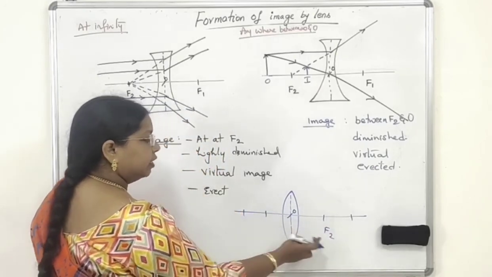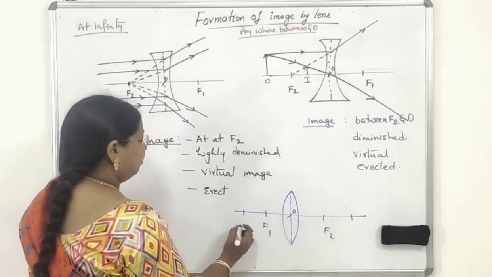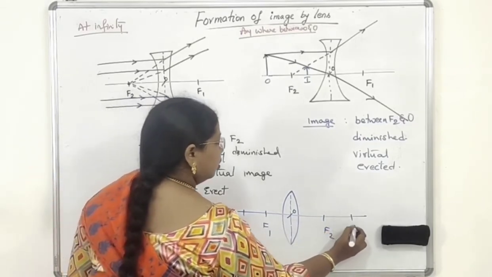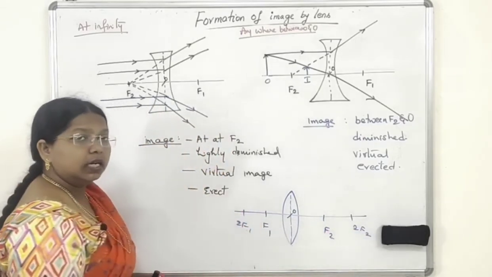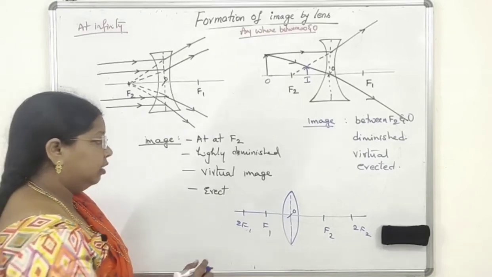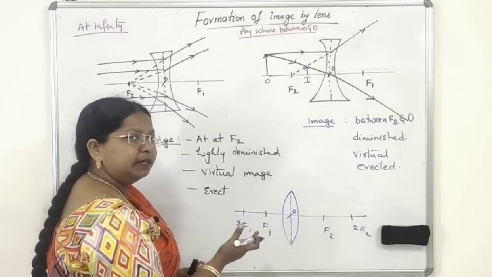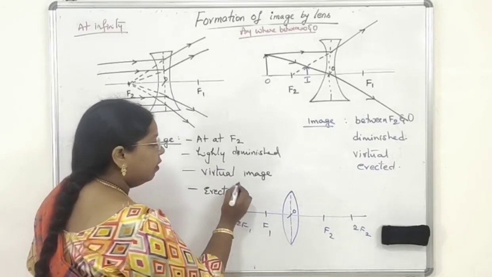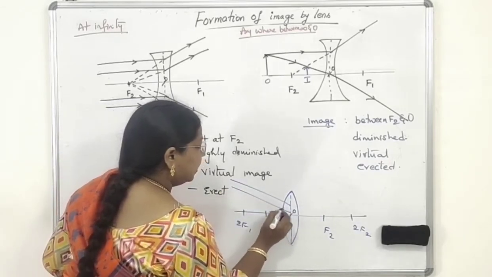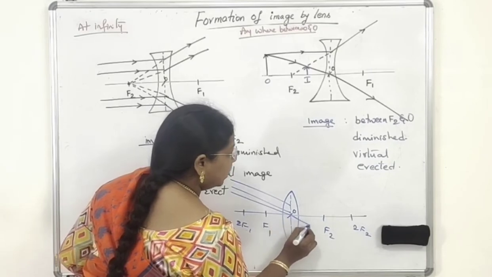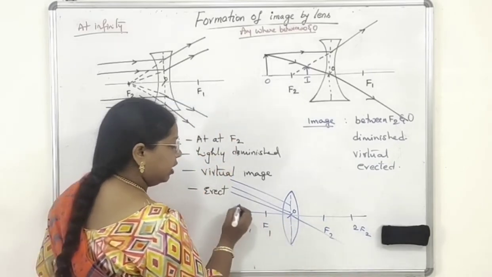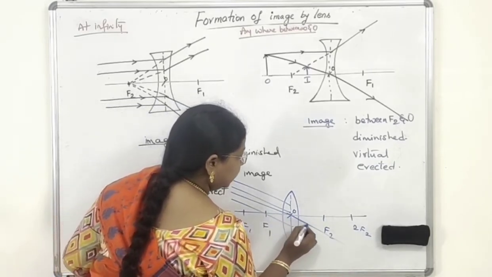I have taken convex, so F2 is this side. F1 to F2. Now I am not drawing parallel. If they are parallel to principal axis, they meet at F2. Highly diminished. We saw that case. Now they are not parallel to principal axis. If one passes through optical center, it goes straight, no deviation.